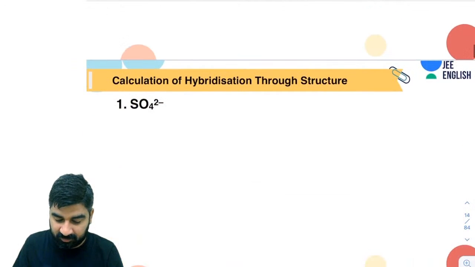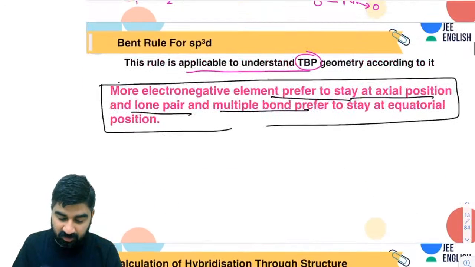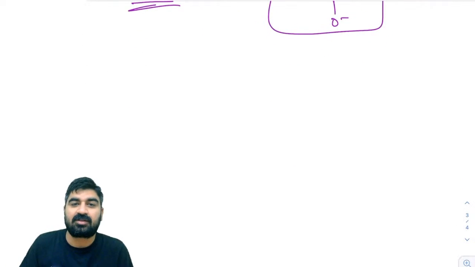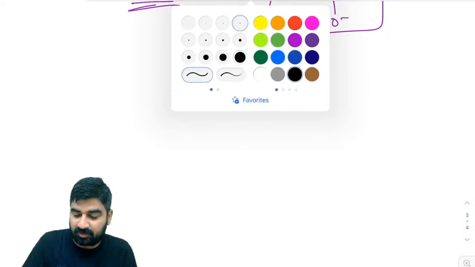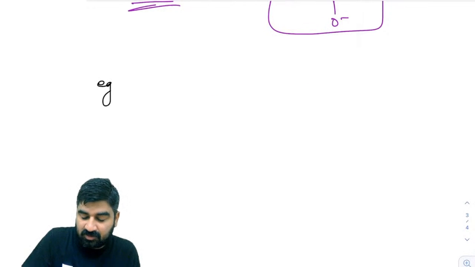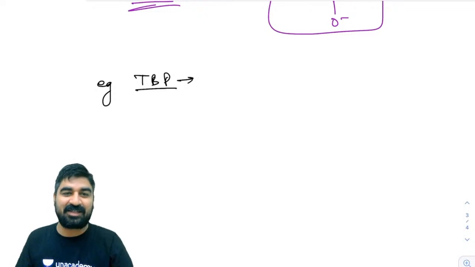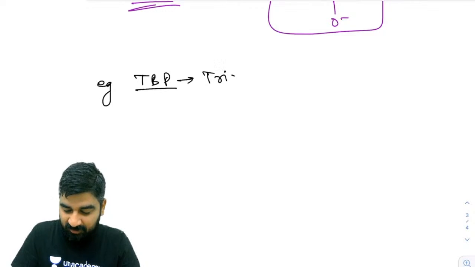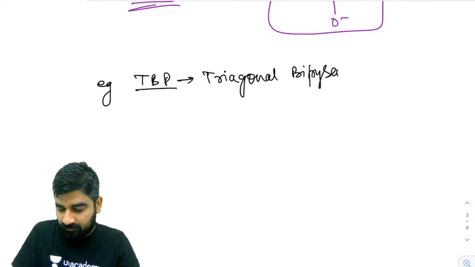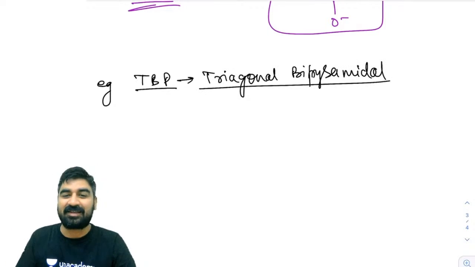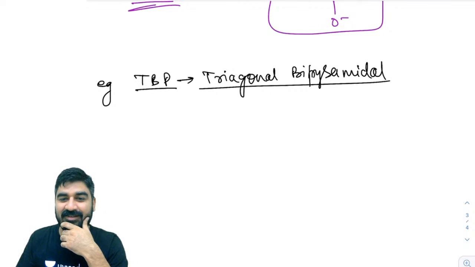Now I will tell you what this bent rule is all about. This is only for TBP. What is TBP, guys? It is trigonal bipyramidal.